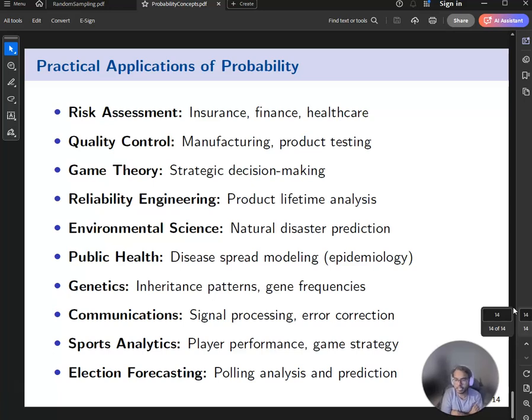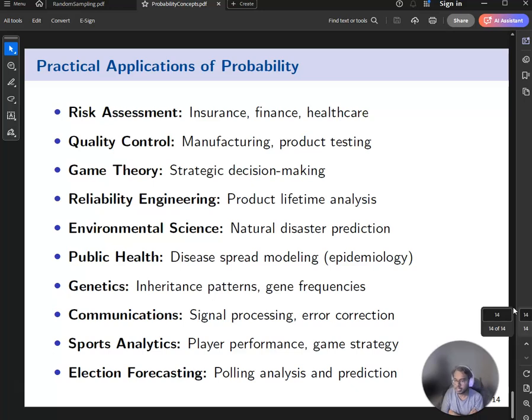In risk assessment, insurance companies use probability to set premiums based on the likelihood of events like a car accident or home damage. Financial analysts use probability models to assess investment risks and portfolio diversification strategies. Healthcare providers use probability to evaluate treatment outcomes and make decisions about patient care. Quality control in manufacturing relies heavily on probability.